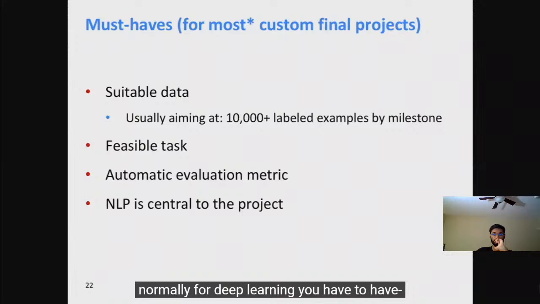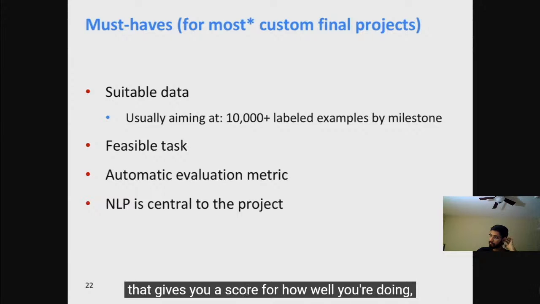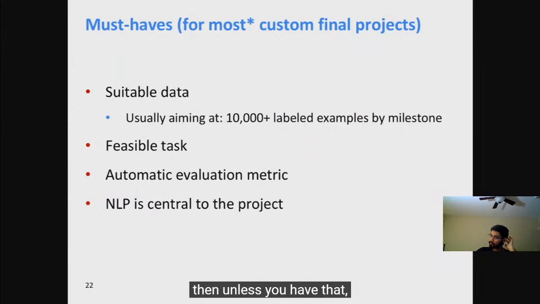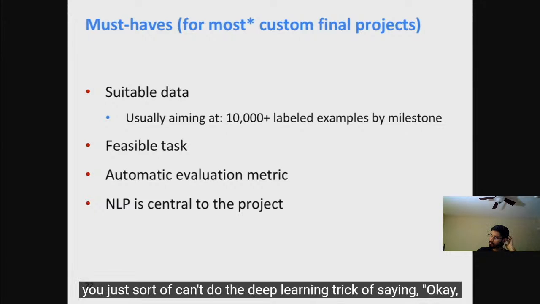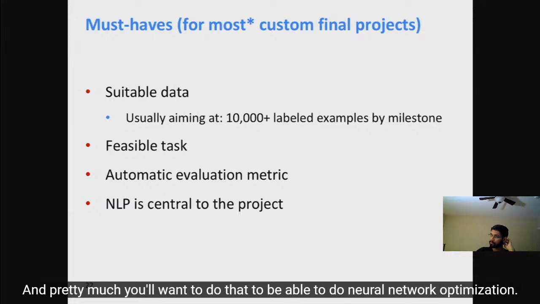Normally for deep learning, even if you hope to do some human evaluation as well, you have to have some automatic evaluation metric, some code you can run that gives you a score for how well you're doing. Unless you have that, you can't do the deep learning trick of using backpropagation to optimize our scores according to this metric, and pretty much you'll want to do that to be able to do neural network optimization.